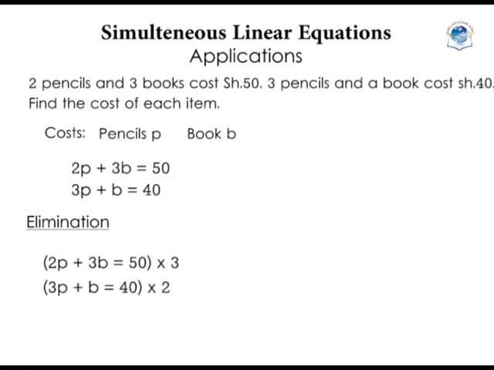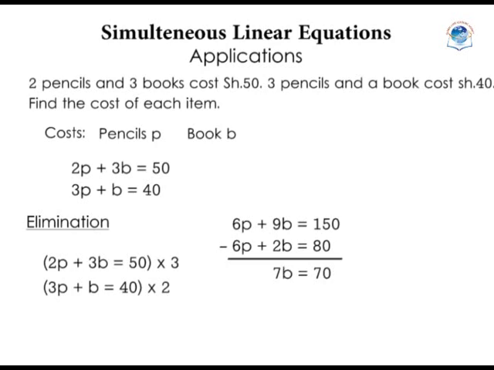We will get 6P plus 9B is equal to 150 and 6P plus 2B is equal to 80. 150 minus 80 is 70. 9B minus 2B is 7B. 6P minus 6P is 0. So 7B is equal to 70 and B is equal to 10.